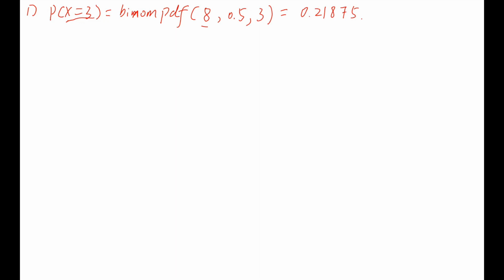Now, how about the second? Less or equal than x. That's what? Binorm, be careful. It is what? Less or equal than 3. It's a CDF, or a cumulative distribution function. So we use binorm CDF. All right, so 8, 0.5 and 3.